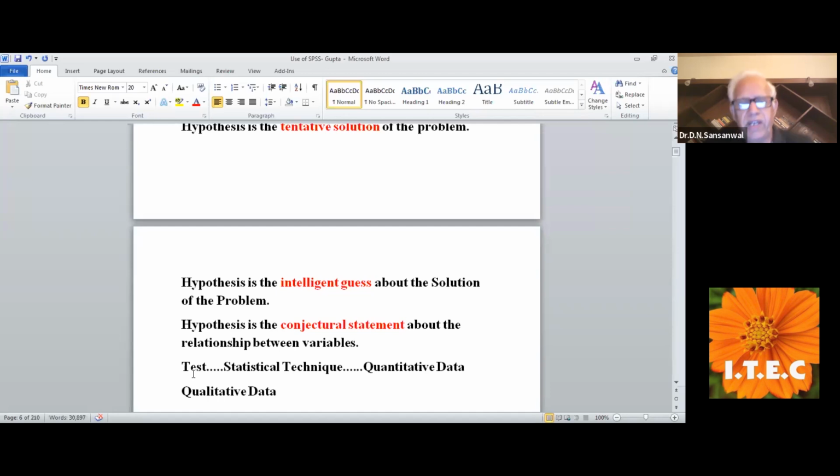But if you have collected qualitative data which can be converted into quantitative data, for example, in the examination, when we write our answer it is qualitative. And the teacher, the examiner, gives marks.